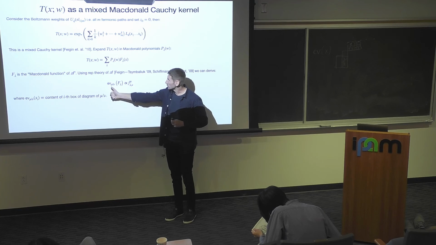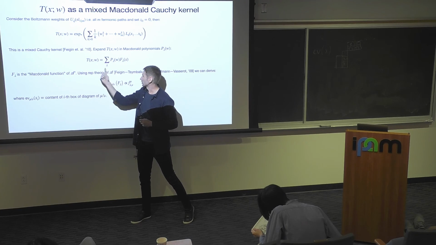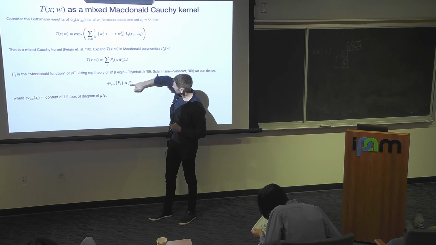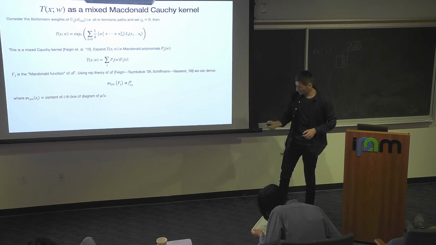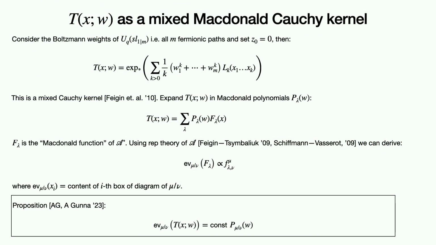Now let's apply this evaluation to this exponential or to this expansion. So I'm going to apply this evaluation over here. So I will have Littlewood Richardson coefficients over here. And that will give me a formula for the skew Macdonald functions.